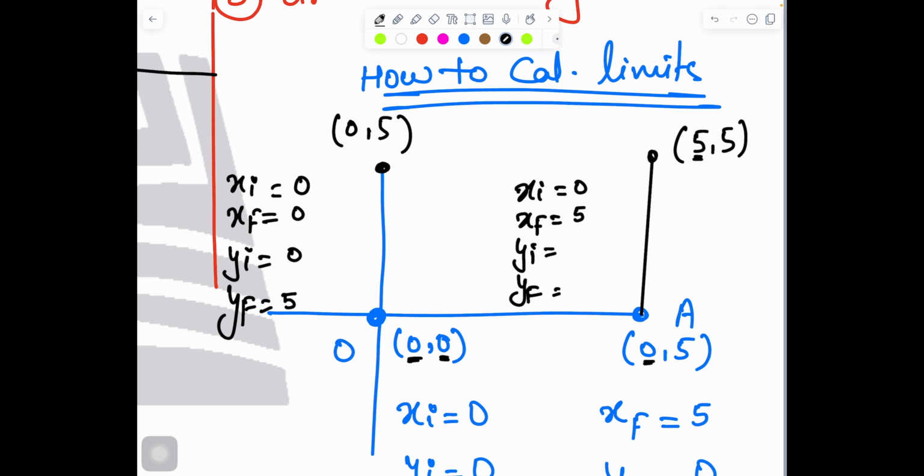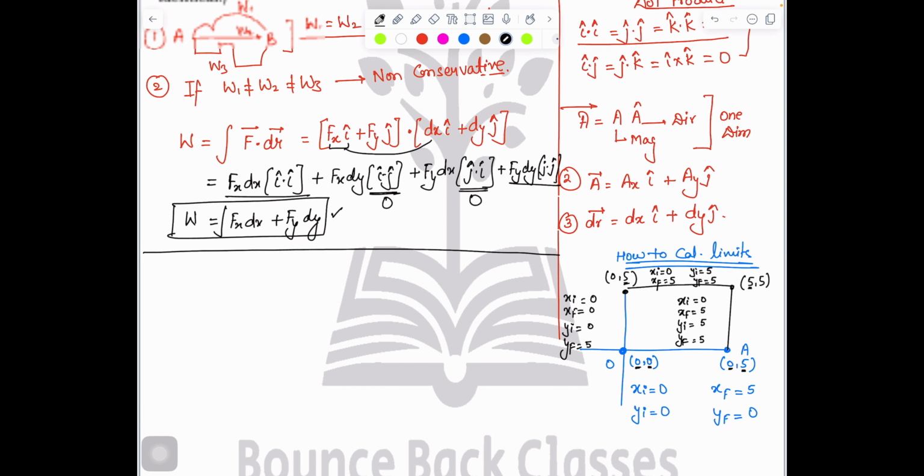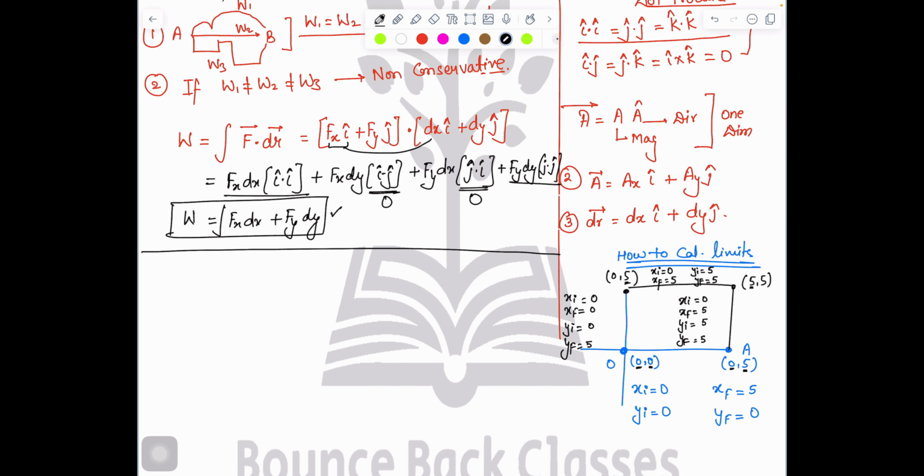Y initial is 5 and final is 5. Clear? Similarly, you can solve this part. So what is your xi? Initial of x is 0, xf is 5, yi is 5 and yf is 5. Clear? All the limits are clear.